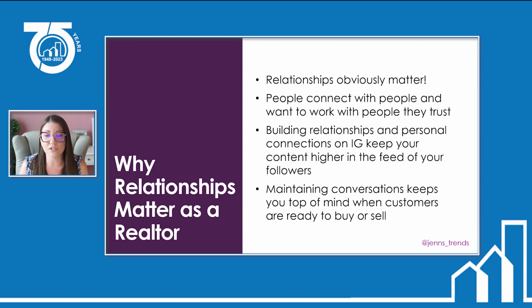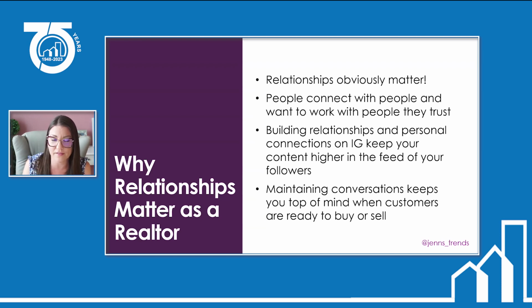And that's what we want to get you to achieve. So building relationships and those personal connections on Instagram will keep your content higher in the feed of your followers. Now, this is an algorithmic component, and we're going to talk about that a couple times today, but it is important that you understand when you have a personal relationship, and when we say personal relationship on Instagram, that means that you've had direct communication. It usually means in something like DMs.